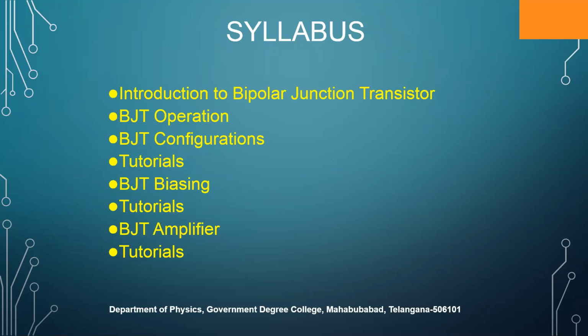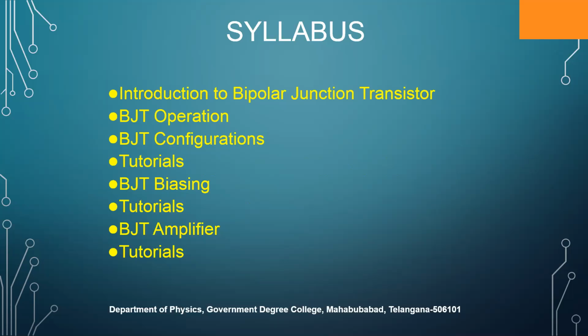Do you know ICs are made up of transistors, and an IC consists of so many transistors, of the order of 1 million transistors in one IC. So today we are going to discuss the transistor, the basic functional part of an integrated circuit.